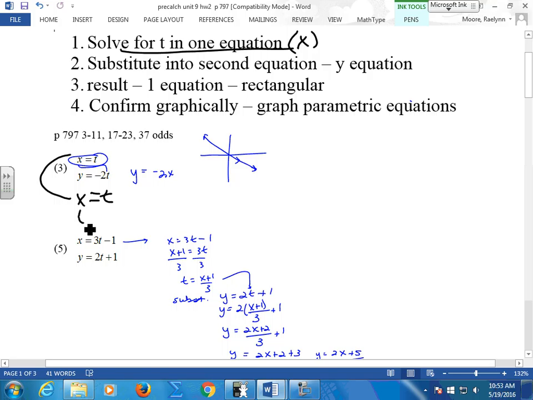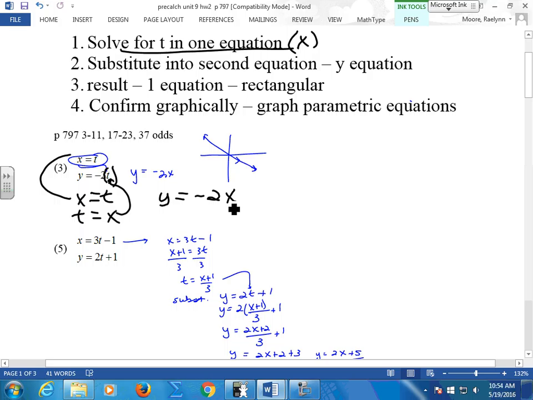Isn't t equal to x? Now, it says substitute that into the second equation, my y. So where I have t, I'm going to substitute in my x. So now I have y equals negative 2x.